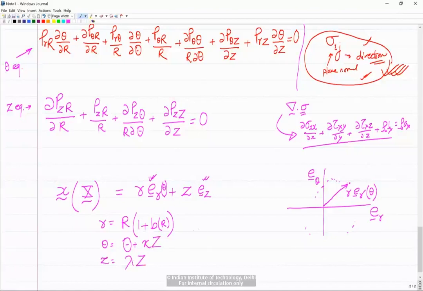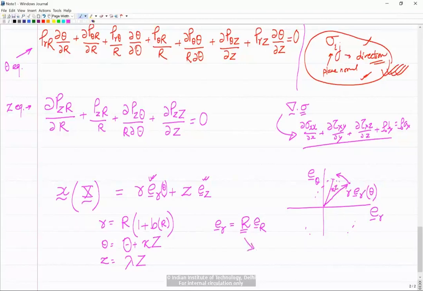So this will also mean that e small r is equal to some rotation big R into e big R. See, because any point is simply rotating by kappa Z, isn't it? Any point, because of the twisting, all the points are rotating by kappa Z. So therefore, the deformed radial direction e small r and e big R will be related through that rotation.